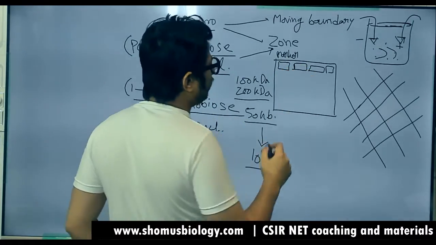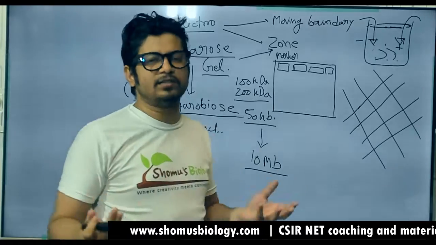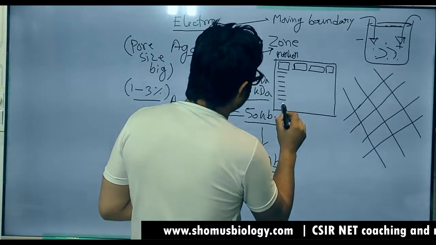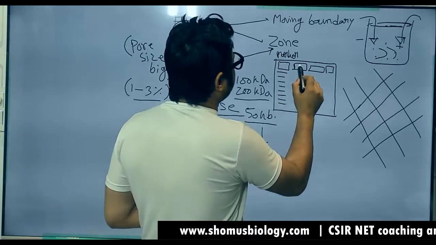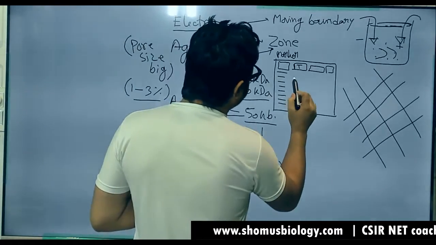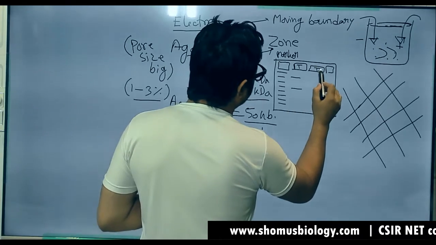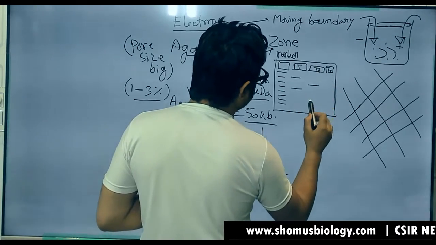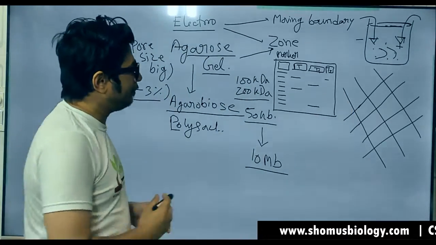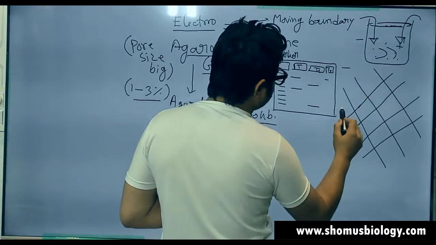Marker means basically a known length of fragment of the DNA is loaded here as a marker, like a scale. Okay, and then we load our target DNA mixture, and then the mixture gets separated, T1, T2, T3, let's say, like this. So based on this, let's say this is negative charge, this is positive charge.